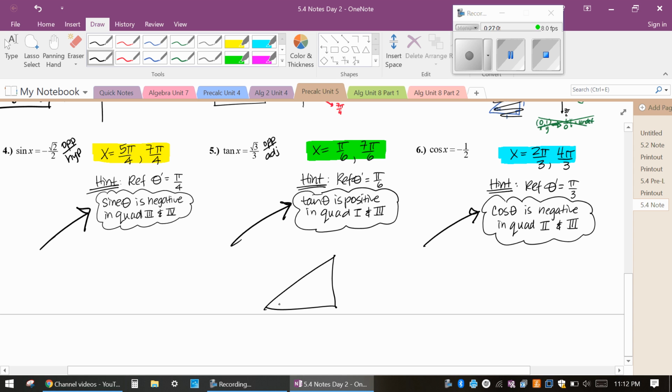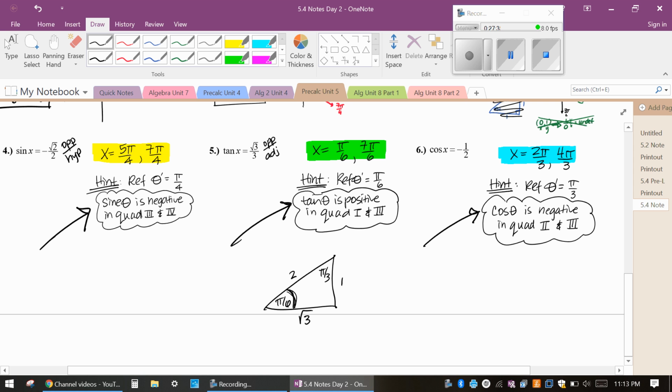Think about it. 1, root 3 and 2. If you take the tangent of pi over 3, that's opposite over adjacent. I just realized I labeled the wrong angle. So pi over 6.